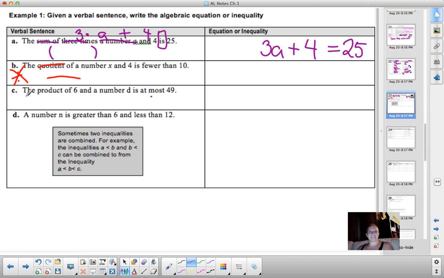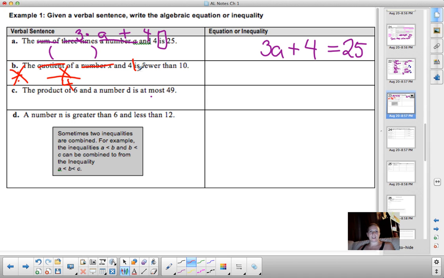So when we read that word quotient, we think fraction, fraction, fraction. The first thing that you see, in this case a number x, goes in the numerator. The second piece is going to be 4. That goes in the denominator. So the first part of the quotient goes up top, and the second part goes down below.